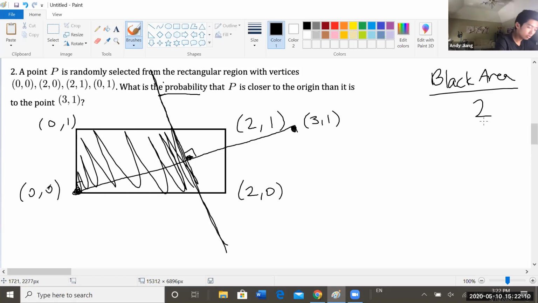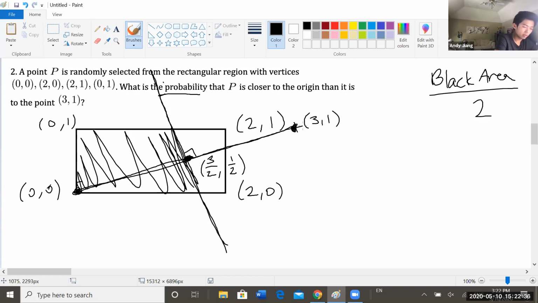Well, let's find the midpoint. So what is this point? Well, it's the midpoint of 0, 0 and 3, 1, which is the average. So I take the average for both: 3 halves and 1 half. And then you may not know this, but I did talk about it in one lesson.